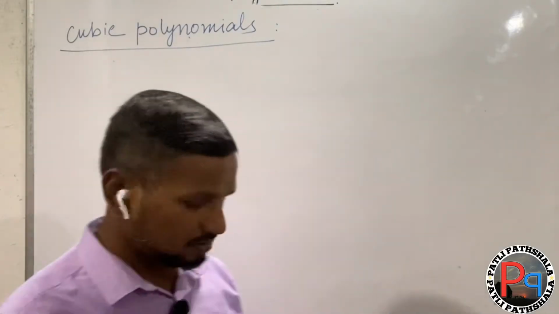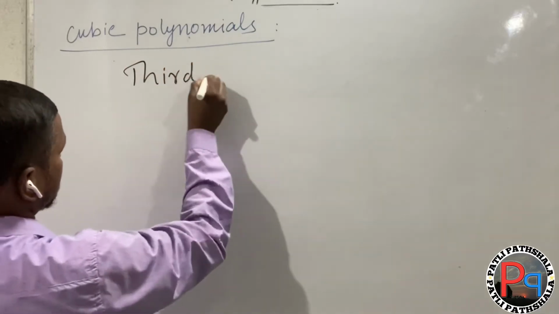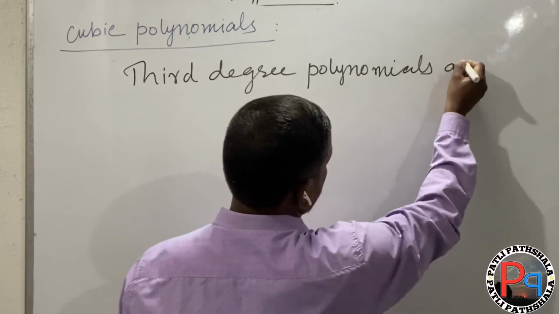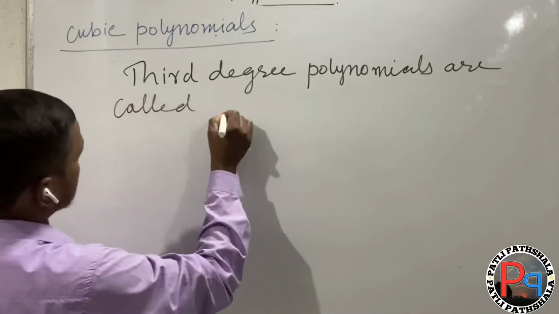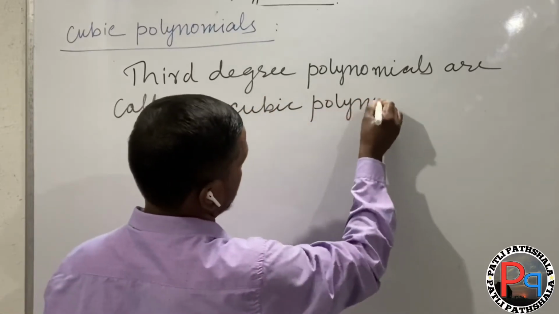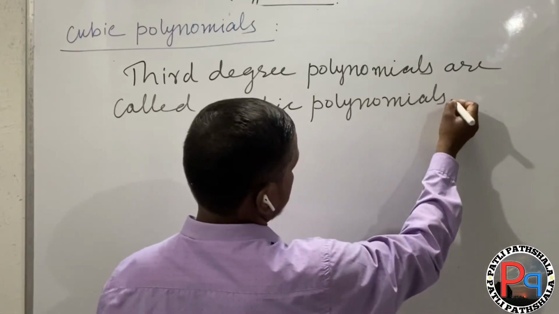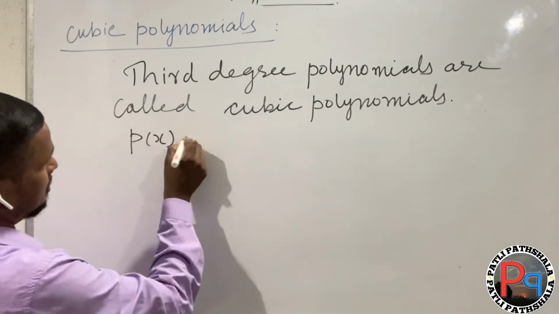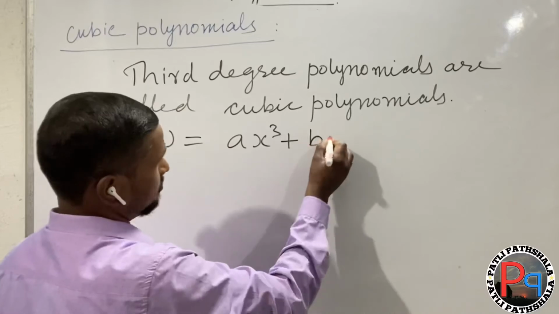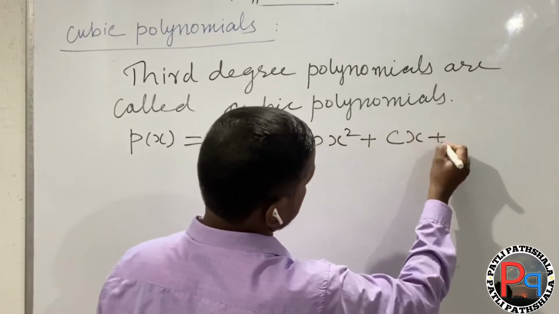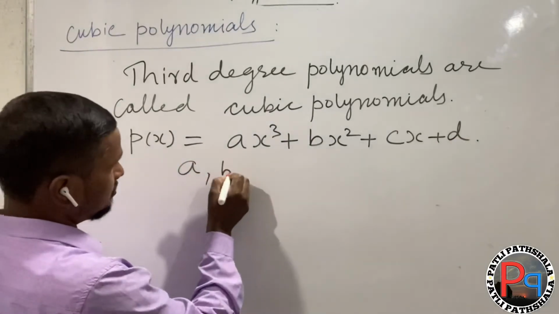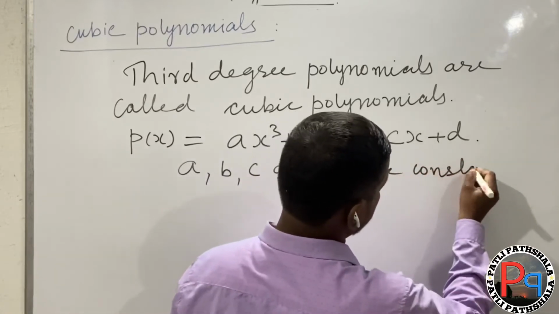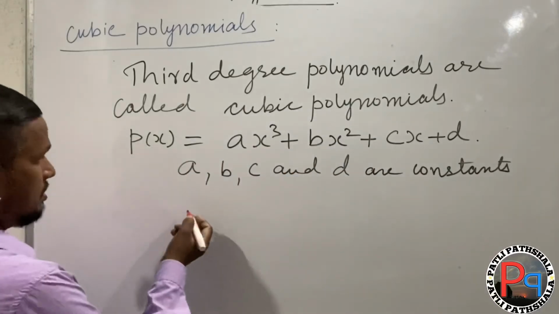The general form of a cubic polynomial in x is written as p(x) is equal to ax cube plus bx square plus cx plus d, where a, b, c and d are constants and a is not equal to 0.